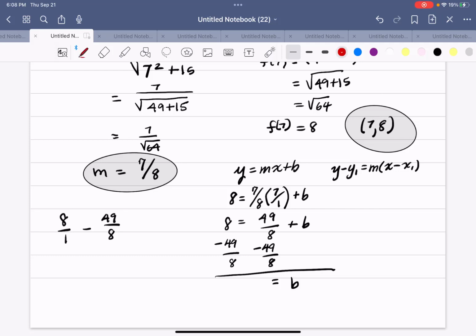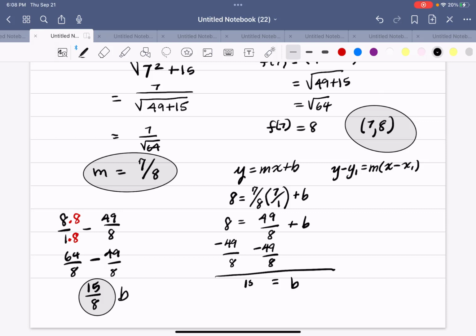Doing this manually, I can multiply to get a common denominator. So I need an 8 denominator, so that's going to be 64 over 8 minus 49 over 8, which is going to be 15 over 8. That's my y-intercept, my b value.